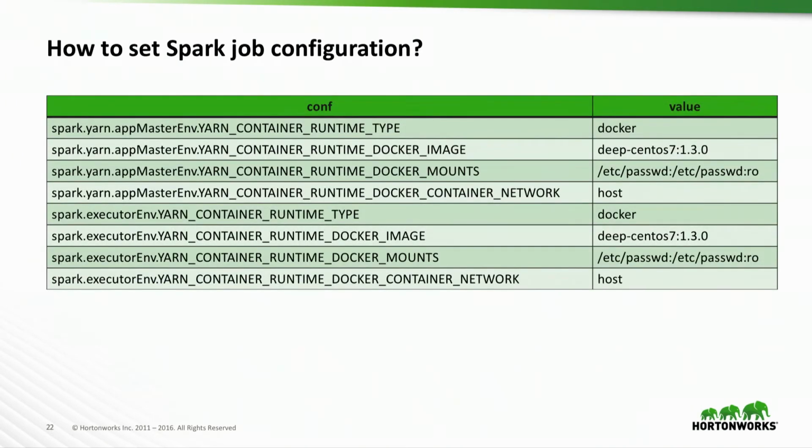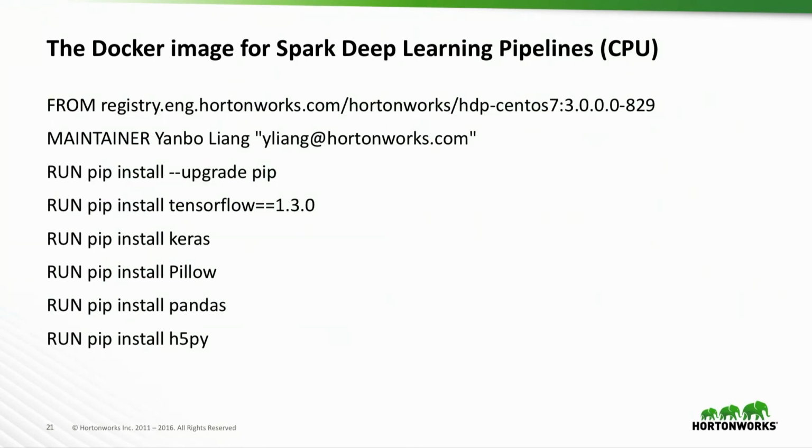How do we make Spark run in the Docker image we just built? We need to configure eight parameters, but there are two groups: one for the application master of the Spark job, and another for the executor. The first is which kind of runtime you want to use, Docker or non-Docker. Then the most important is the Docker image we just built with this file.